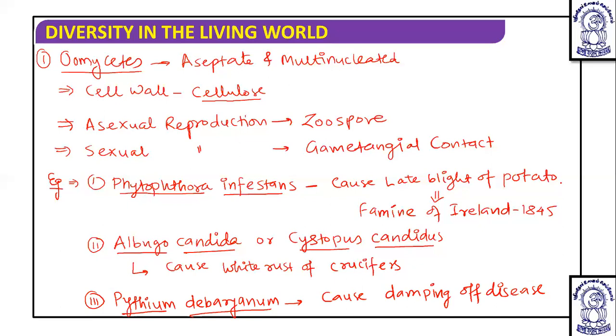Okay, and this damping off disease is found in case of tobacco and some vegetable crops. Okay, so these three examples are important. Apart from this, the fourth one is Saprolegnia. There is no need to study in detail, just you should know that Saprolegnia belongs to the oomycetes.